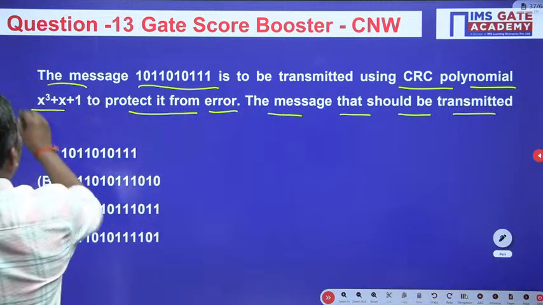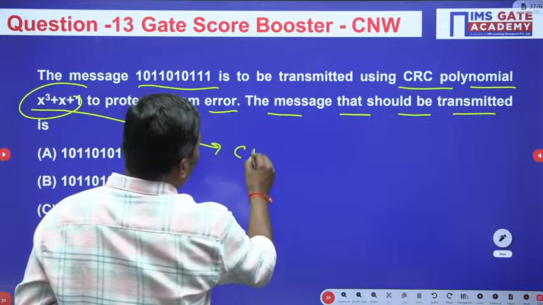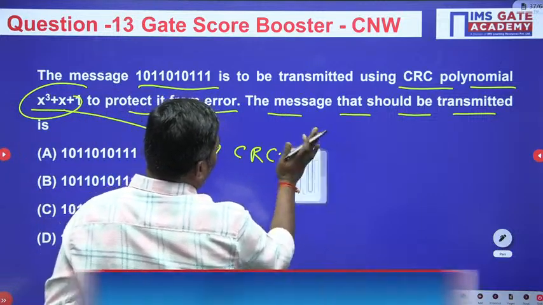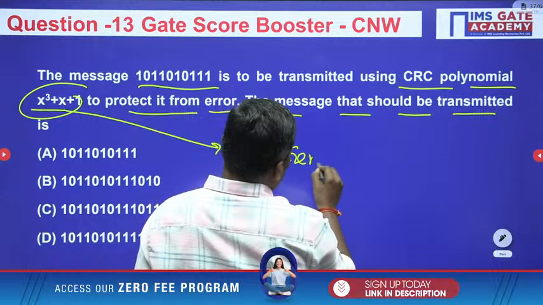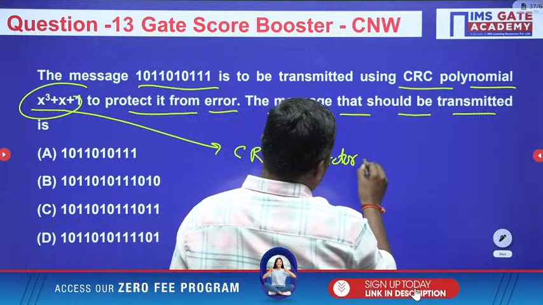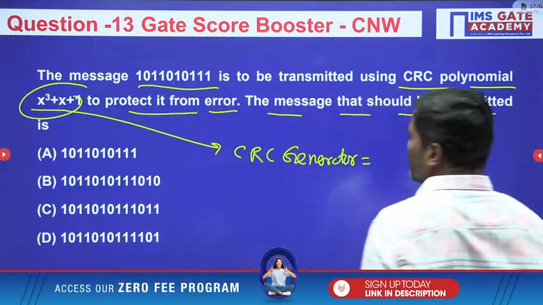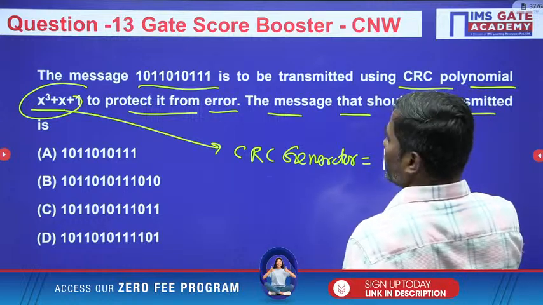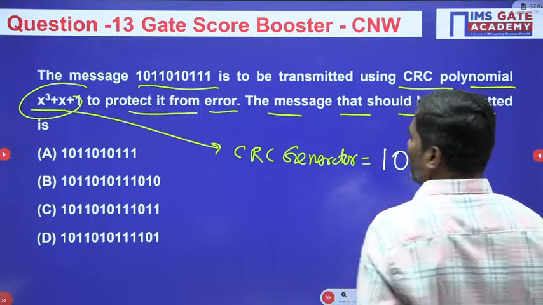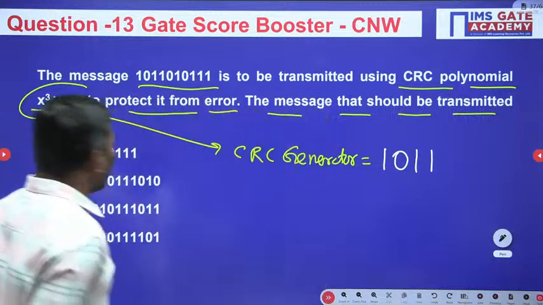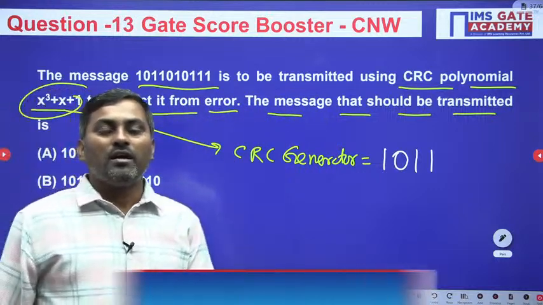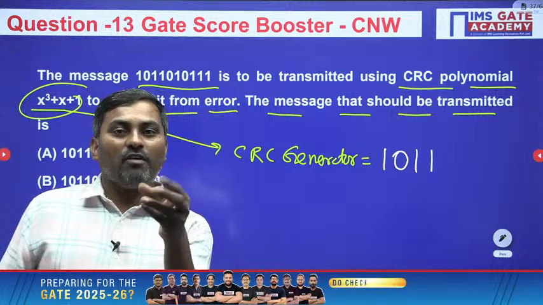In this one, you have to generate what? The CRC generator, you should take it, right? What is the CRC generator? 1 0 1 1, correct or not? The CRC generator is degree of polynomial plus 1.